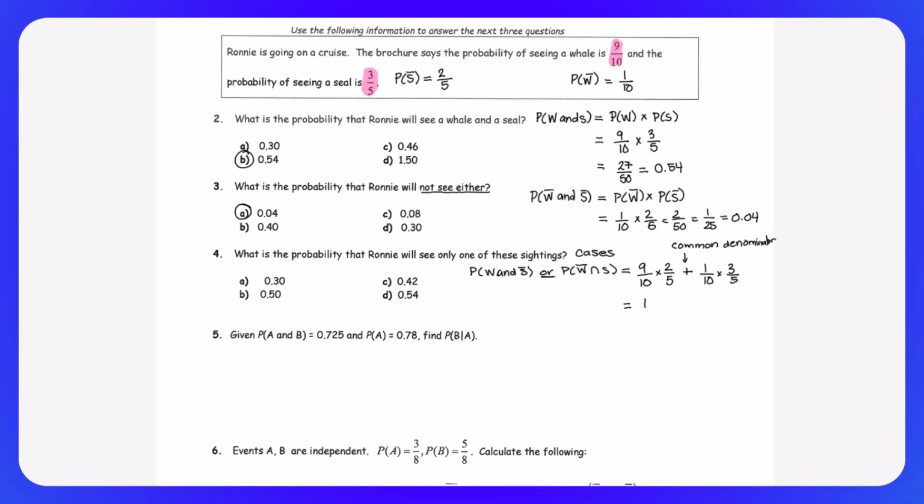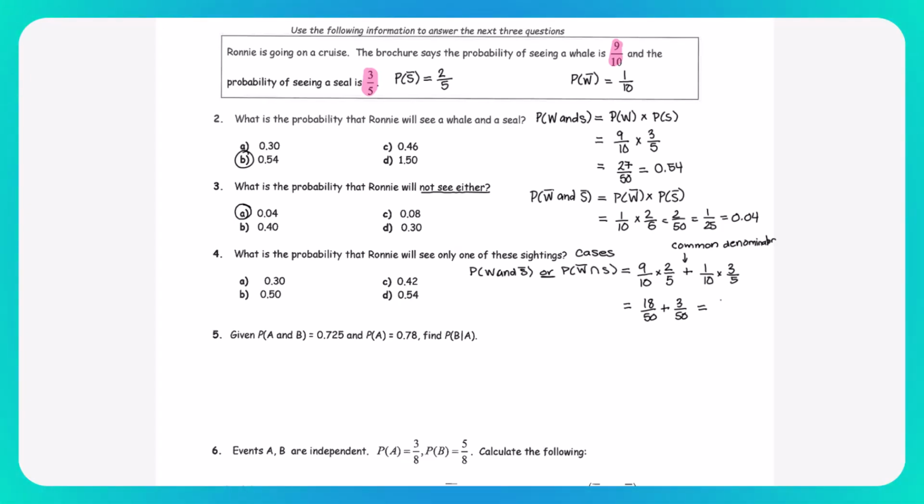So I get 9 times 2, which is 18, over 50 plus 1 times 3 is 3 over 50. So notice by doing that, I kept my denominators the same, which is going to reduce the amount of work I have to do. So I get 21 over 50. And now putting that into the calculator, I get 0.42. And there we go.